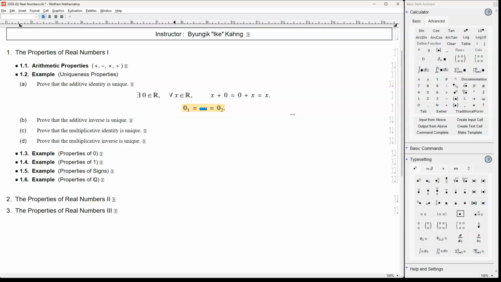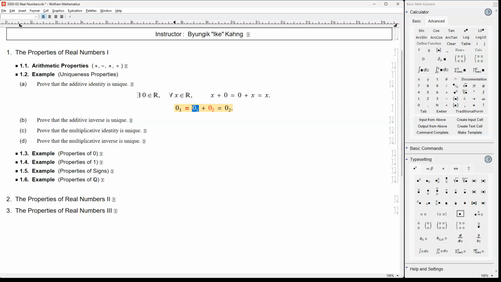Did you get it? Actually, it's pretty easy. It's that easy. Why? Because 0_2 is an additive identity, this one, which I'm highlighting in red. So adding the additive identity doesn't change anything, so this equality is preserved. 0_1 stays at 0_1. This red equality is true because 0_2, which I highlighted in red, is an additive identity.